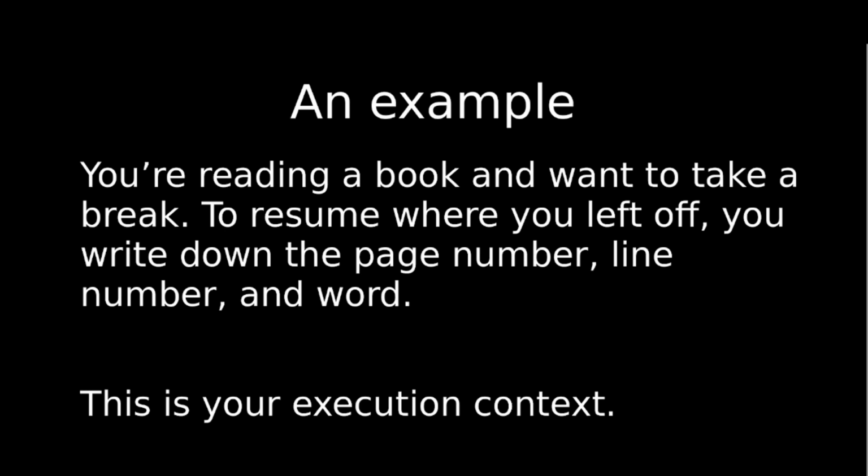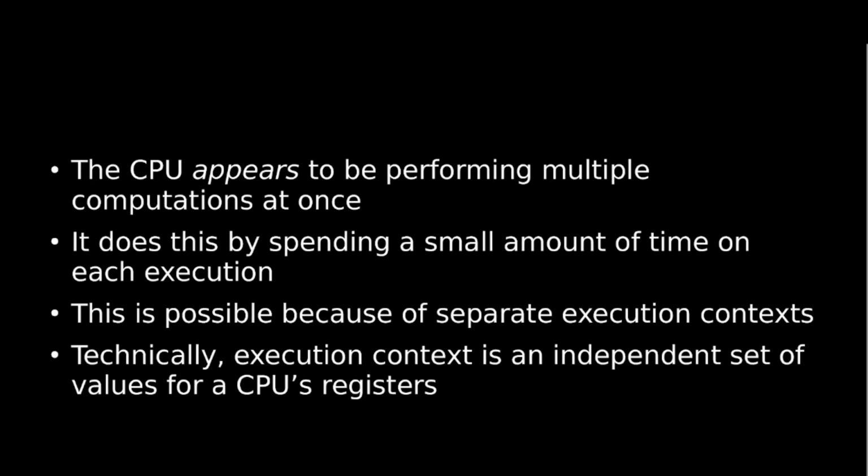However, if you were to tell someone what you did today, you could say, well, this morning I read a book and I ate a snack. It may seem that you did these things at the same time, or rather you did them within a certain arbitrary time frame. And this is very much similar to what happens with threads being scheduled on the CPU, where the CPU appears to be performing multiple computations at once, but it's not.